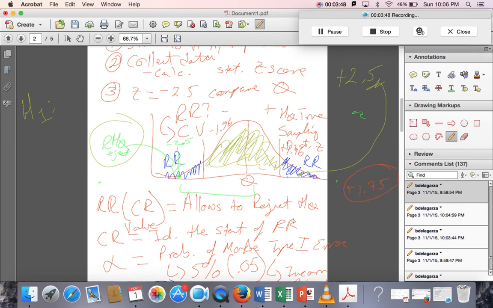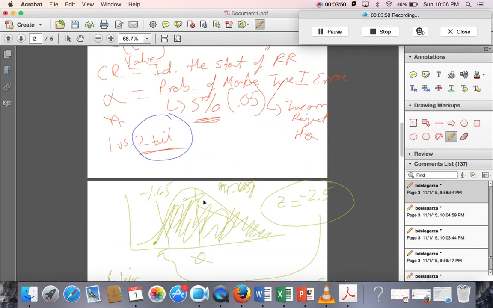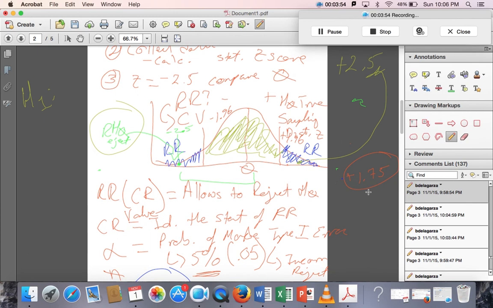With a one-tailed test, remember that my critical value was 1.65, right? So my 1.75 would land in the region of rejection if I was looking at the positive side of the distribution, because my statistic is larger than 1.65. But if I do a two-tailed test, now my critical values become 1.96. So now my statistic lands just outside the region of rejection.